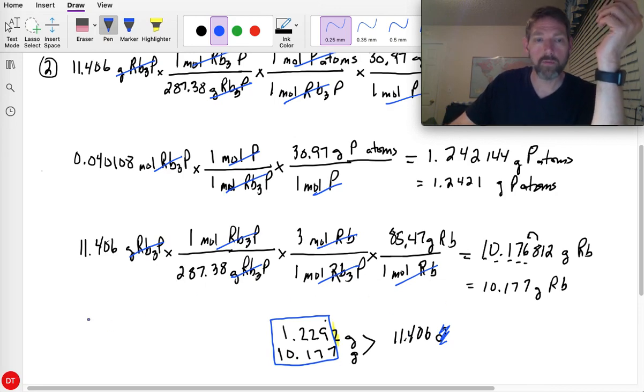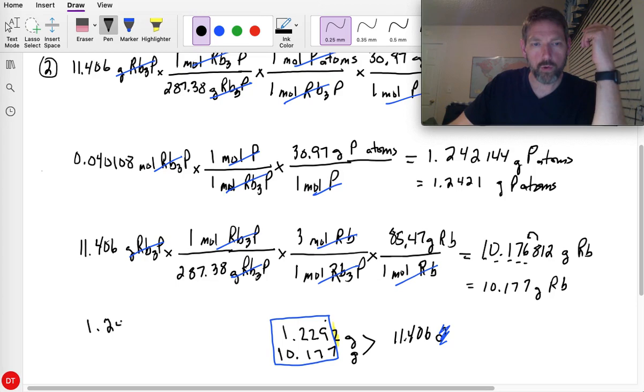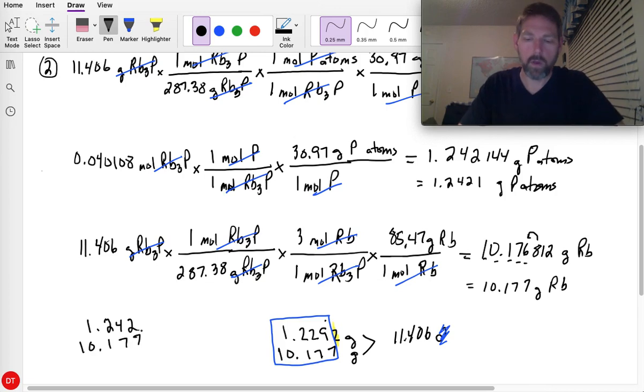You should easily be able to see that if we had grabbed 1.242 from up here, because that one's not going to round up, and then we have 10.177, we get 1.242 plus 10.177, and of course that's grams and that's grams.